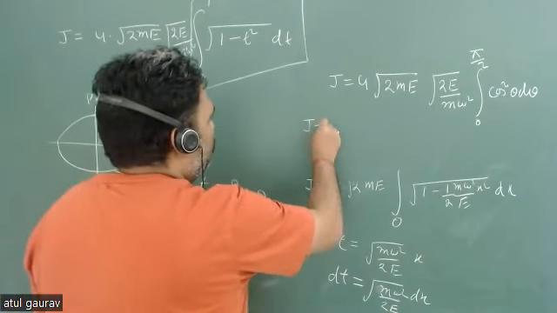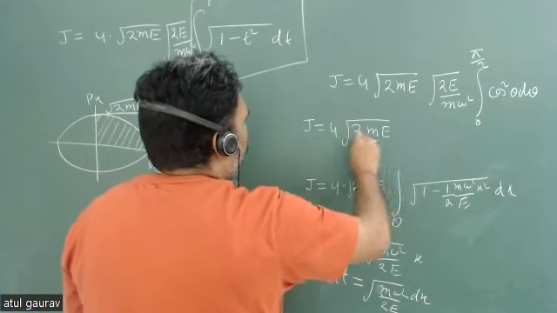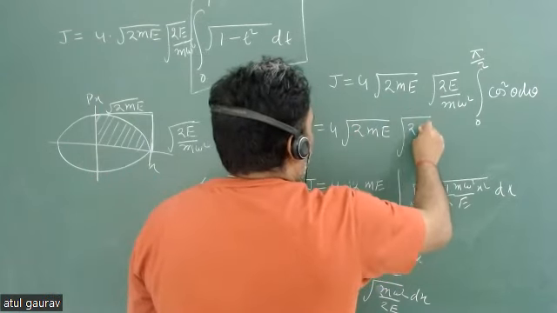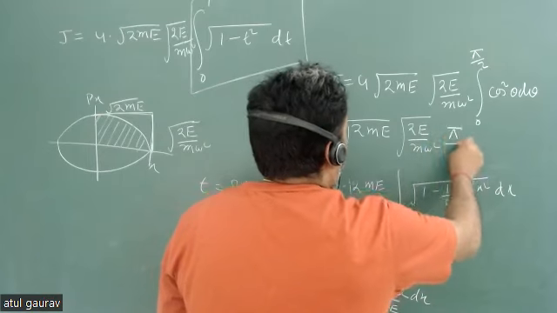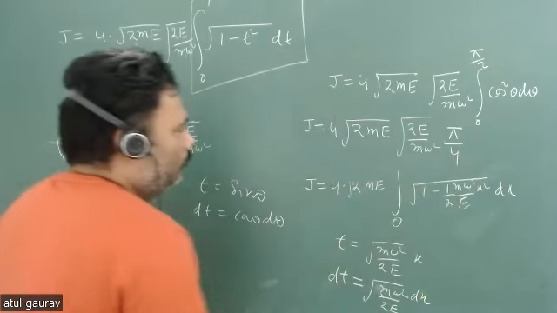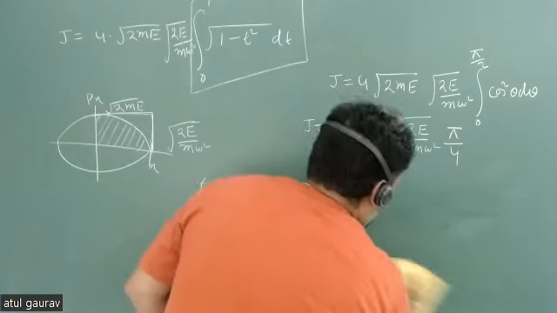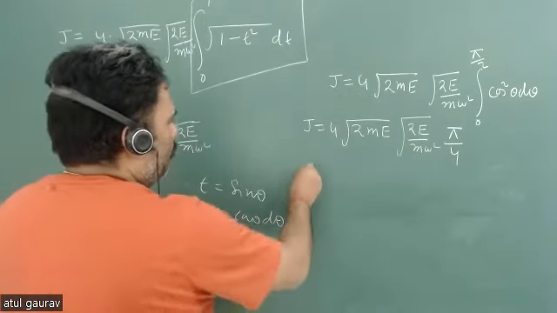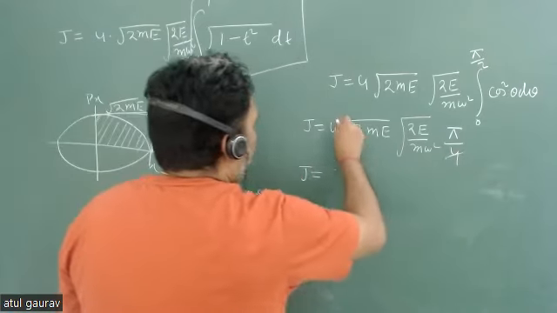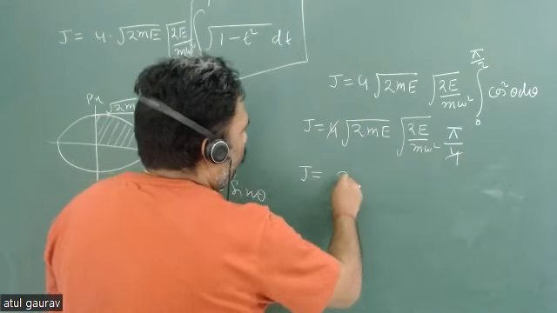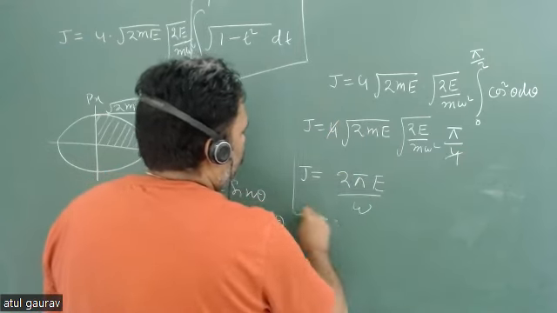So this J is equal to 4 root under 2mE root under 2E upon m omega square into pi by 4, and you can easily calculate the value of J. That will exactly match whatever we have done in the last calculation. 4 से 4 cancel हो गया, and you have 2 pi E upon omega.